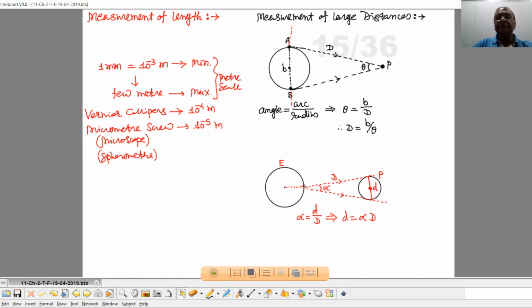From any one position at the surface of the earth, we have to fix two directions as shown in the figure, which are tangential to the planet.